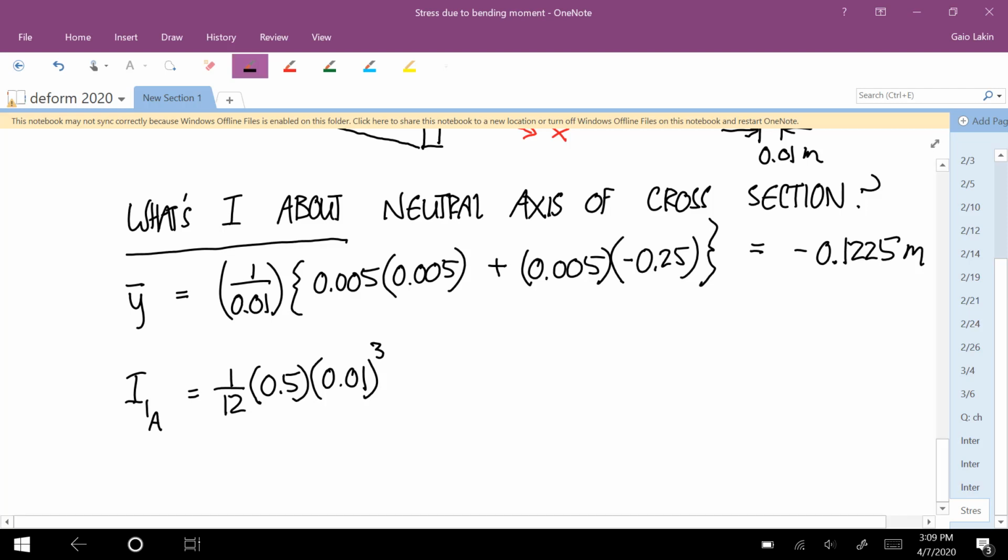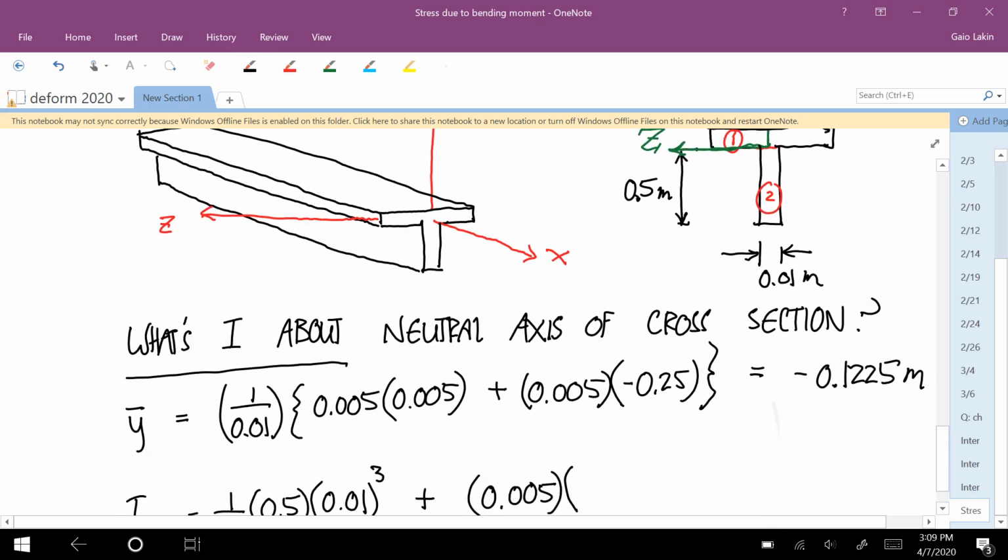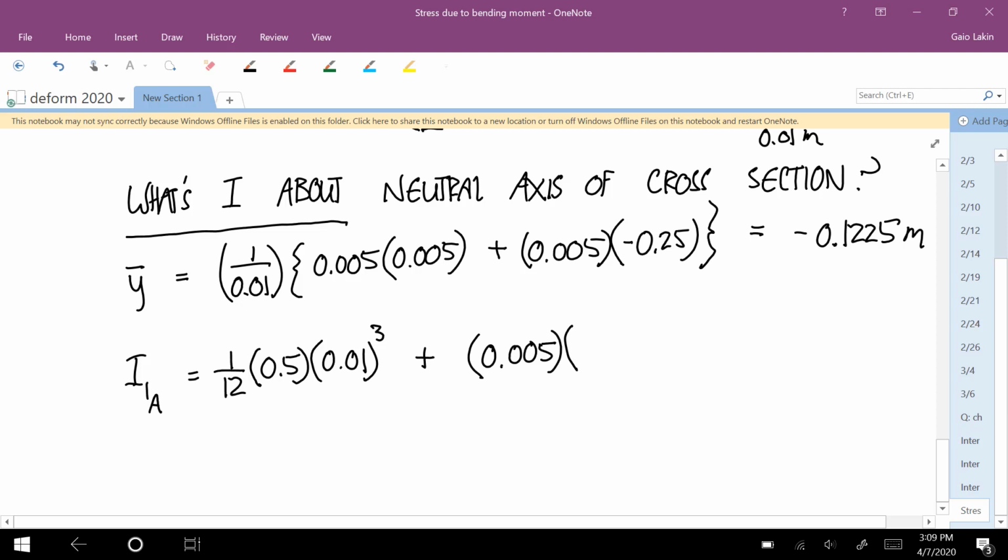And so the parallel axis theorem says multiply the area by that distance squared. The area of that rectangle is 0.005. And the distance is 0.1275, then we square that distance.